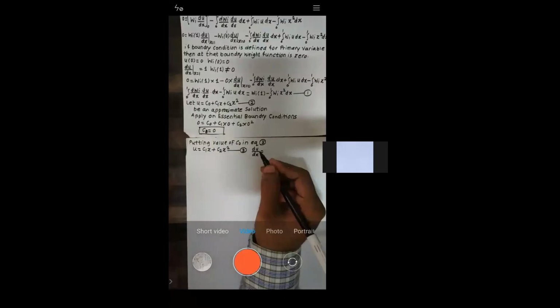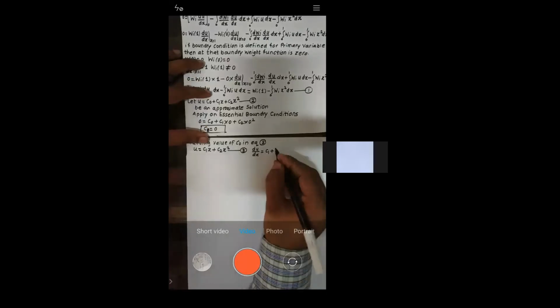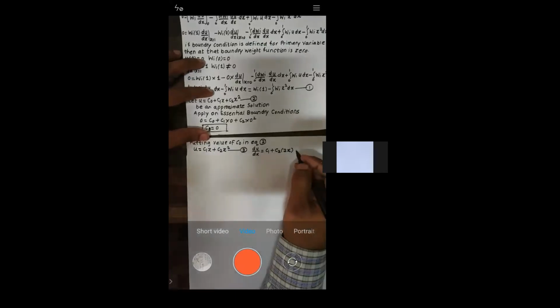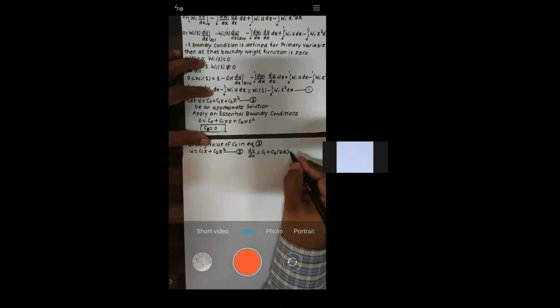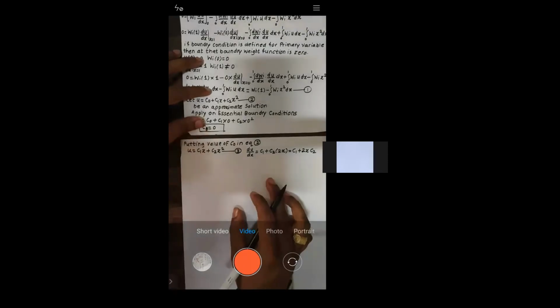C1 plus 2 C2x. Right. This is C1 plus C2 into 2x. So that is nothing but C1 plus 2x C2. Is it okay? Yes, sir. This is du by dx.